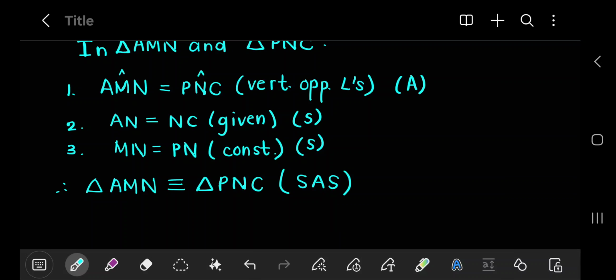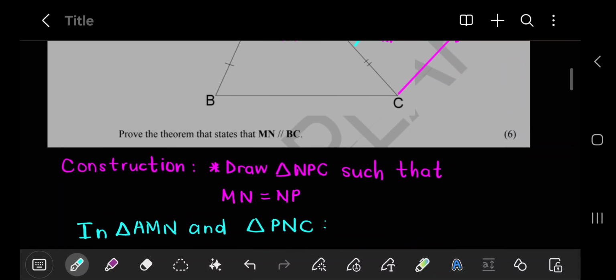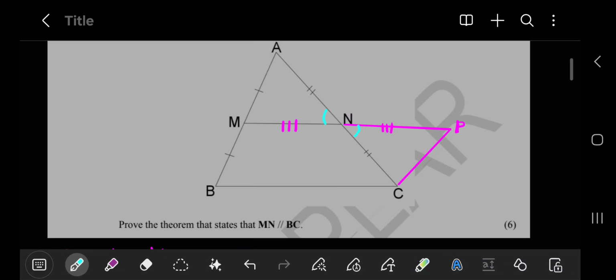Now the next question may be, how does this help us to prove the midpoint theorem? We were able to prove that these two triangles are congruent, but we are not yet done with this proof. Remember, ultimately, what you are trying to prove is that MN is parallel to BC. Now, you guys, one more thing we notice from the congruent triangles.